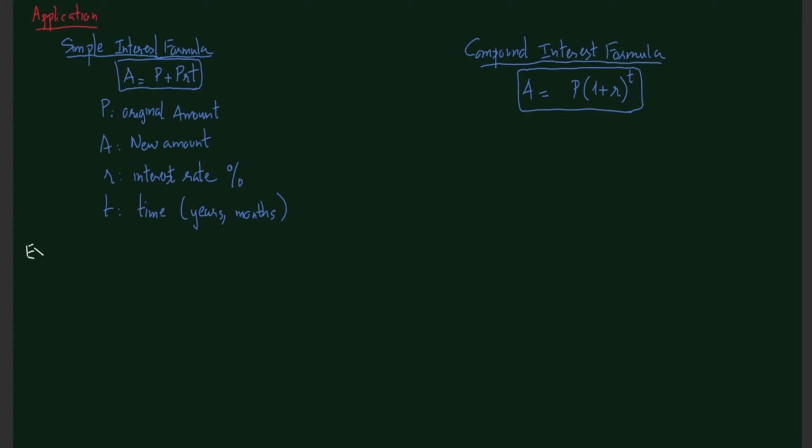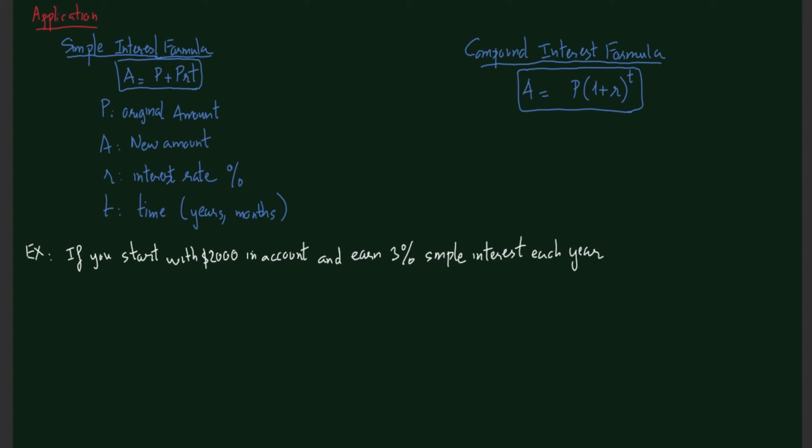If you start with $2,000 in an account, it doesn't matter what account, and earn 3% simple interest each year. Okay.